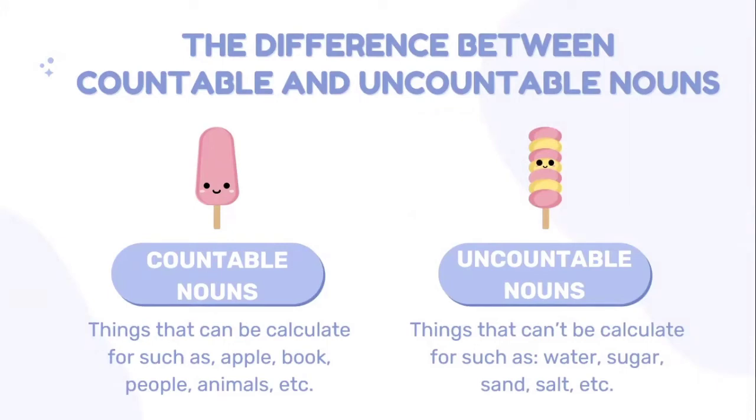Countable nouns are things that can be counted, such as apple, book, people, animals, and etc. Uncountable nouns are things that can't be counted, such as water, sugar, sun, salt, and etc. Do you have any examples of countable or uncountable nouns? Write them down in the comment section below if you have any.